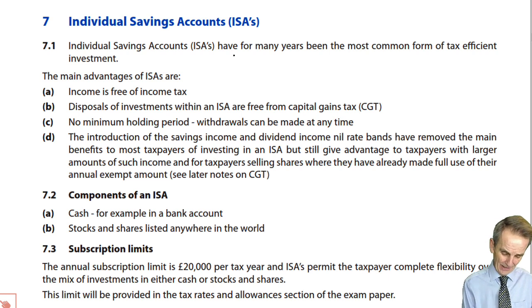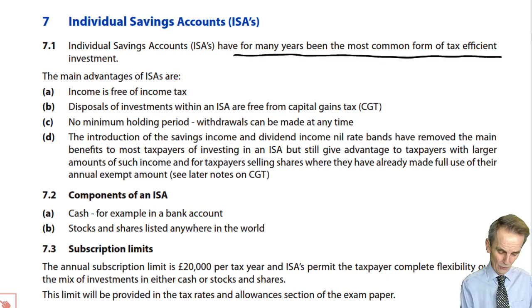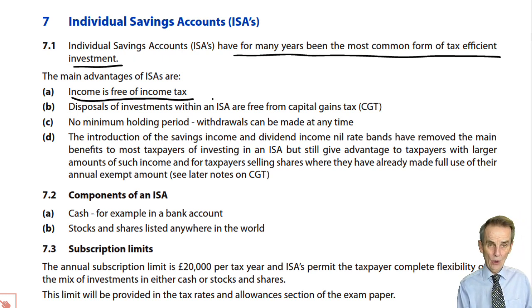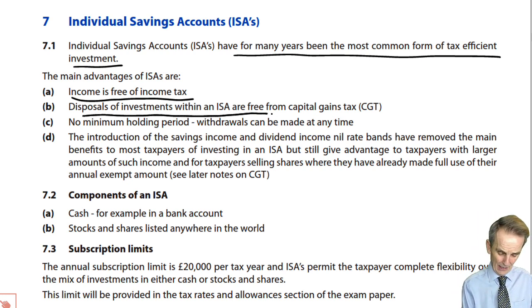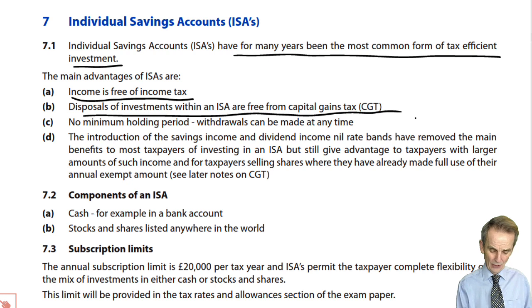And ISAs have for many years been the most common form of tax efficient investment. Why? Because income is free of income tax. What you didn't know, but we tell you now, is that disposals of investments within an ISA are free also from CGT.